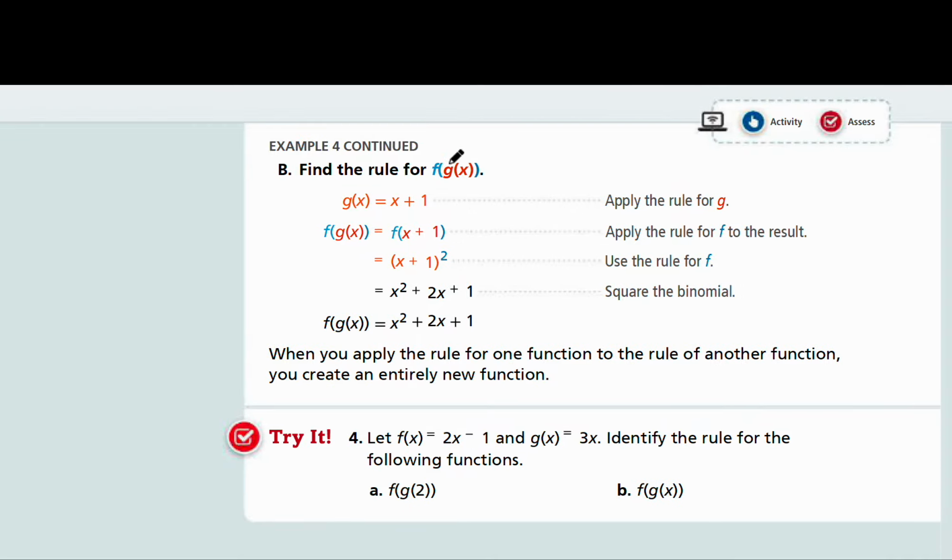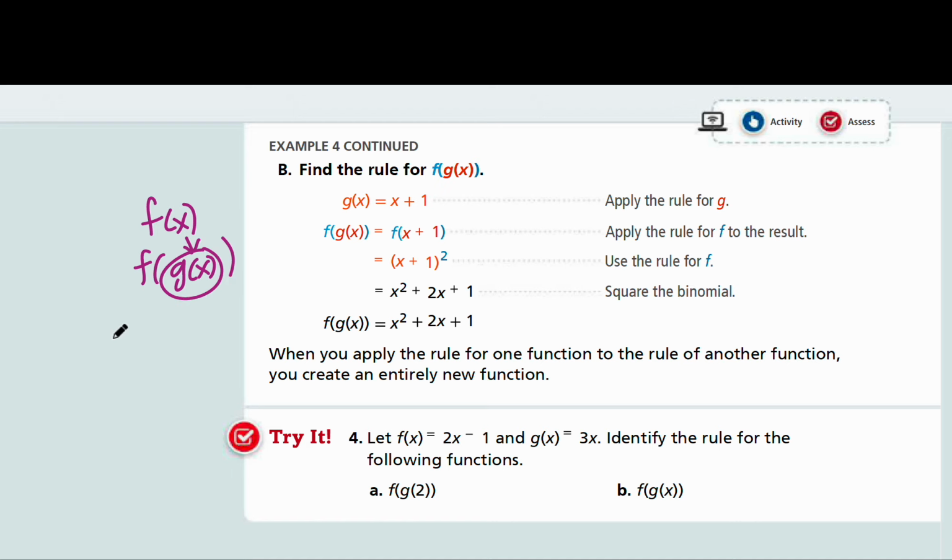What about f of g of x? So it's the same f and g functions, right? But you're going to apply the rule for g of x. Well, g of x is just x plus 1. And then you're going to put that in instead of x. So in your f of x, just change to g of x, where x is just your g of x.